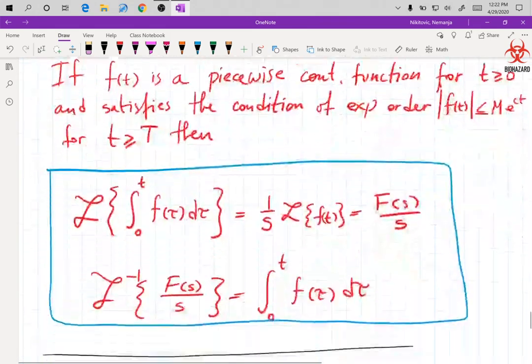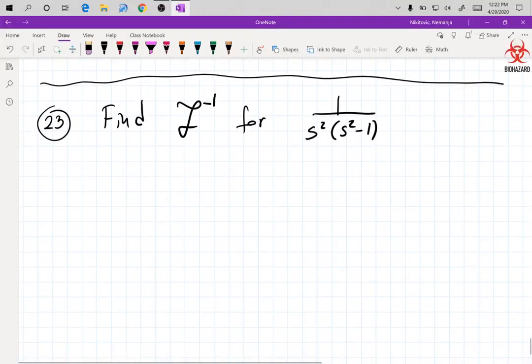We are supposed to do partial fraction decomposition and go from here.